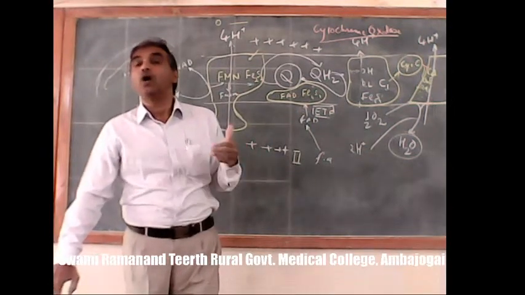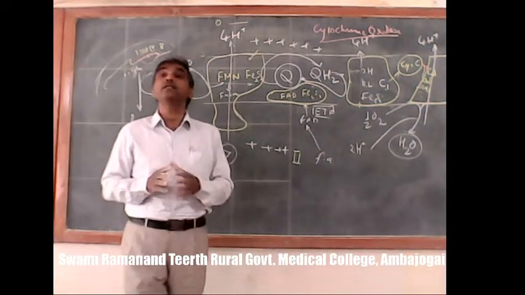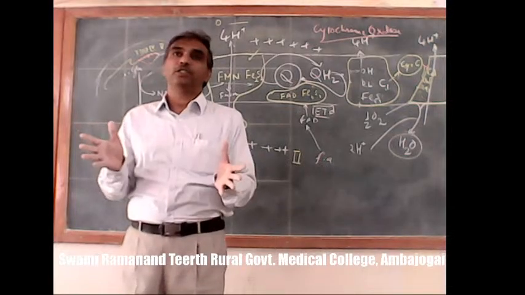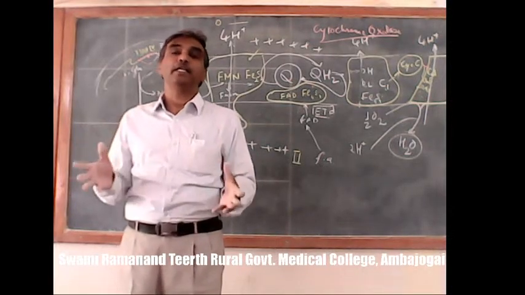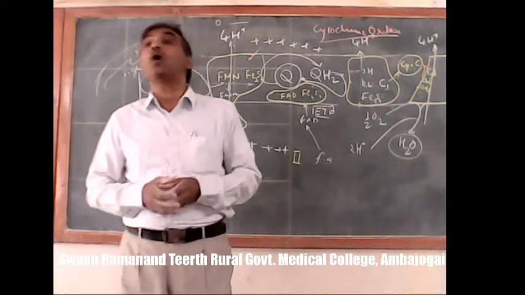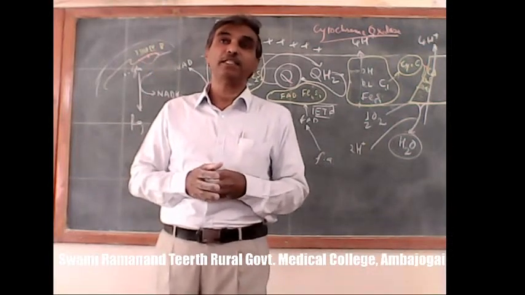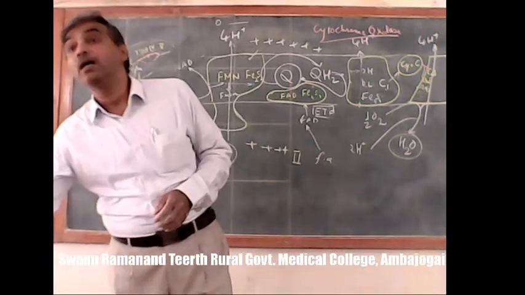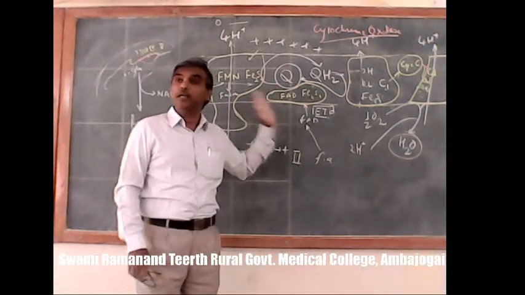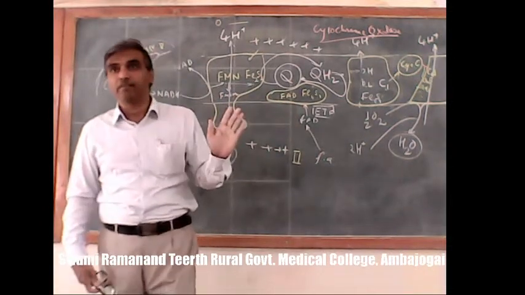So this is the electron transport chain and its assembly. This is organization of various components of electron transport chain in 4 complexes. There is another complex called complex 5, which is called ATP synthase. We will see this ATP synthase in next lecture. So this is about the organization of electron transport chain.